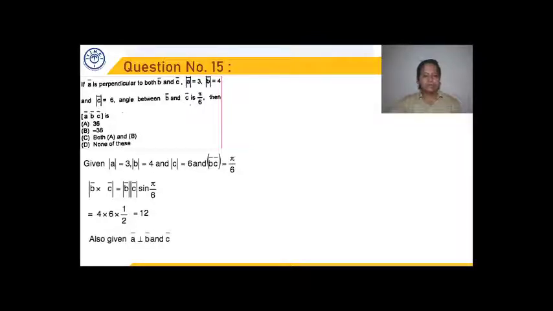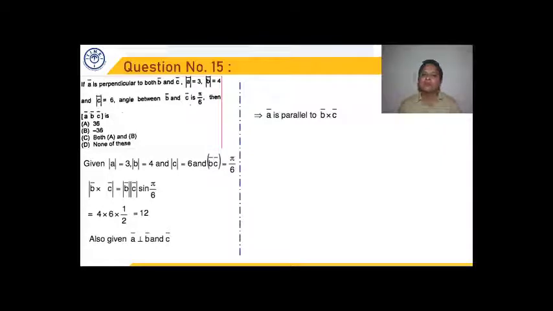Now, also given that A is perpendicular to both B and C vectors. So can we say A is parallel to B cross C? Because B cross C is also perpendicular to both B vector and C vector.